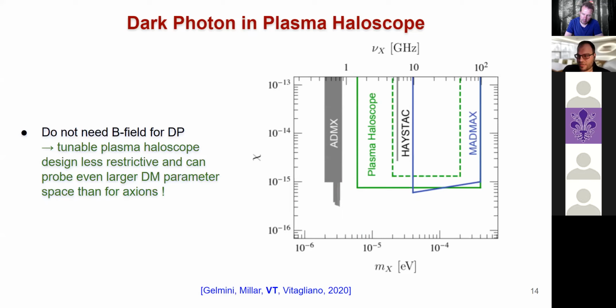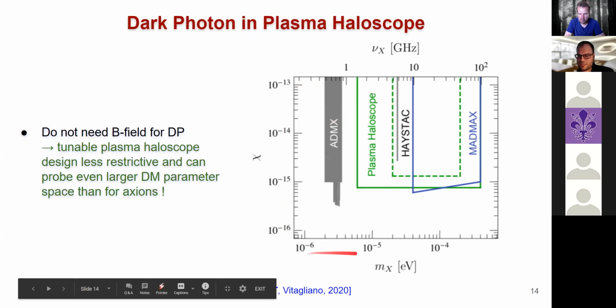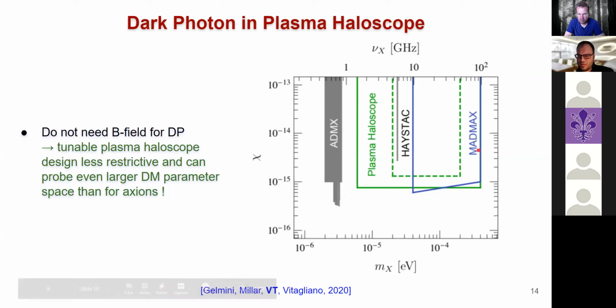So this is very nice, and this is a very good application of these proposals. What is shown here, again on the y-axis, is the kinetic mixing, and on the x-axis is the mass of the dark photon. ADMX and Haystac are the current limits from haloscopes. MADMAX is the dielectric proposal shown here for reference.